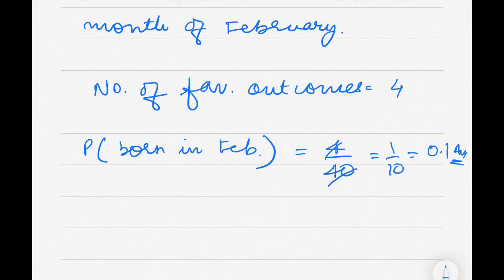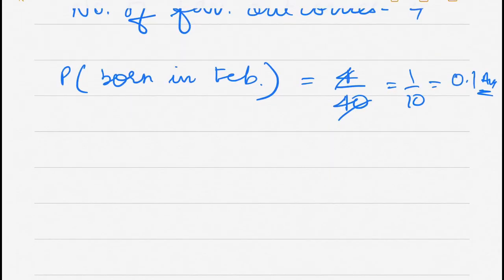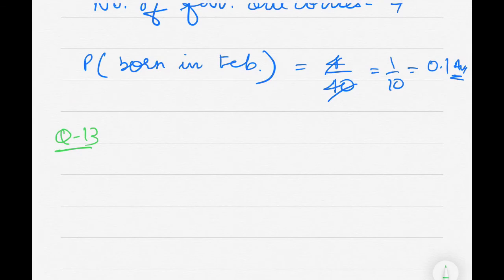Okay, so this another 3-mark question is over. Let's move to question number 13. Question number 13 says we are given the frequency distribution table for the salary of 80 workers in a factory.